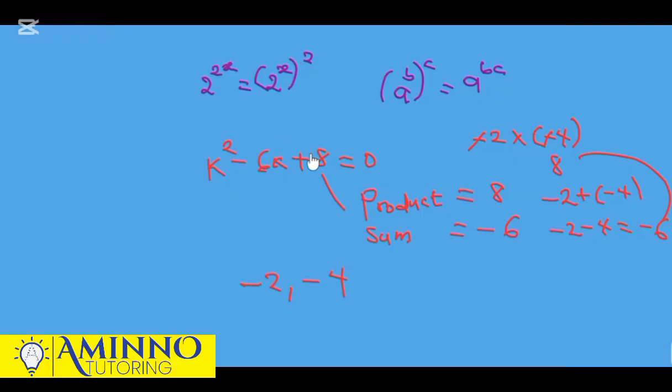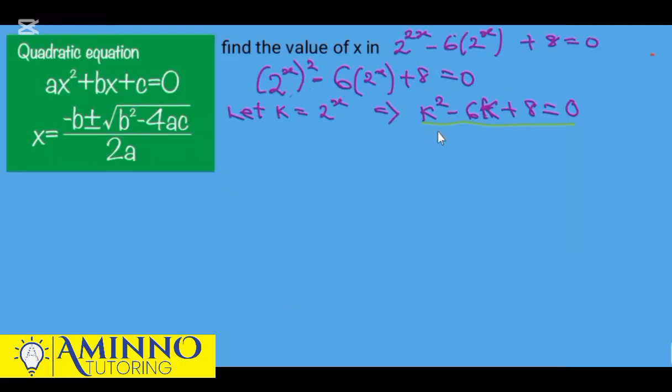Now, if we come back here to solve, this can actually be written as k squared minus 4k minus 2k plus 8 equals 0. Nothing has changed between this and this.